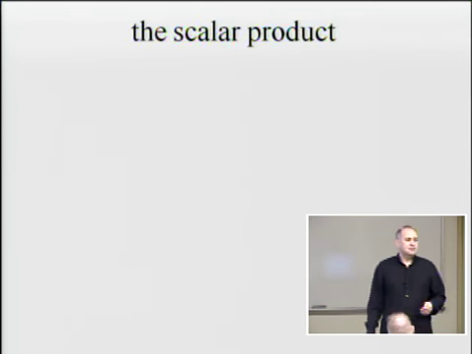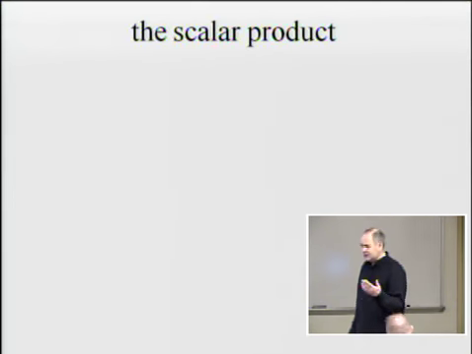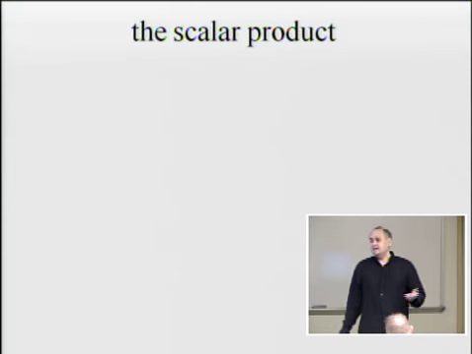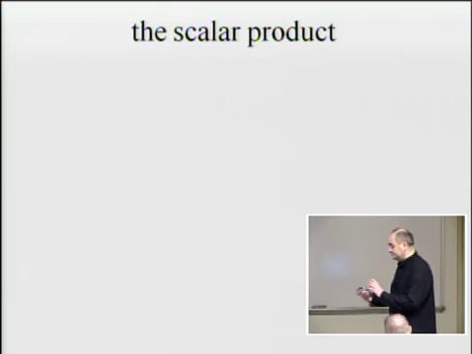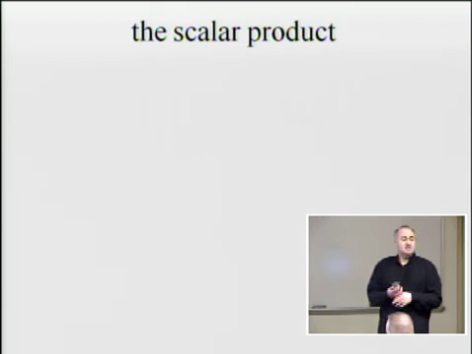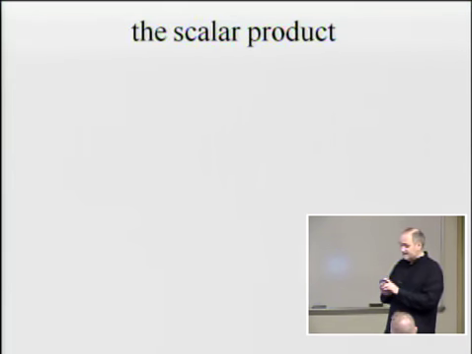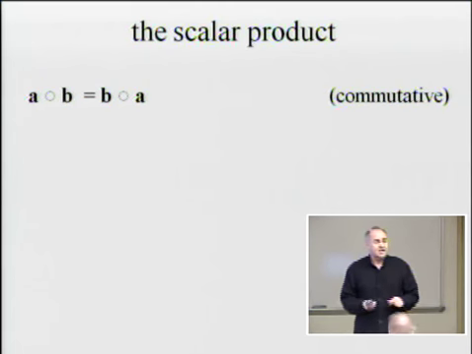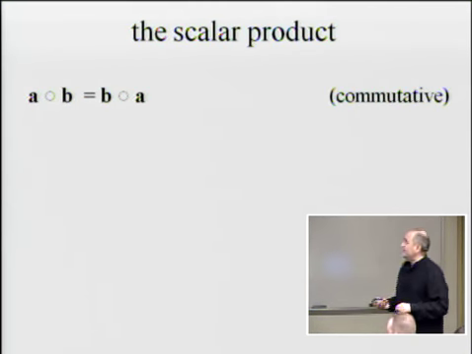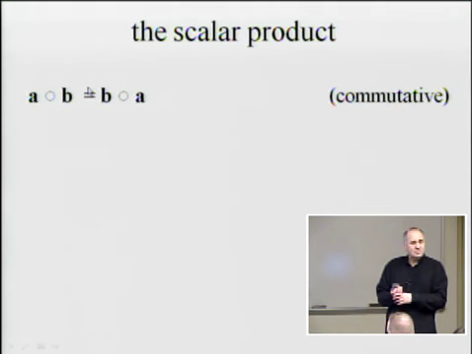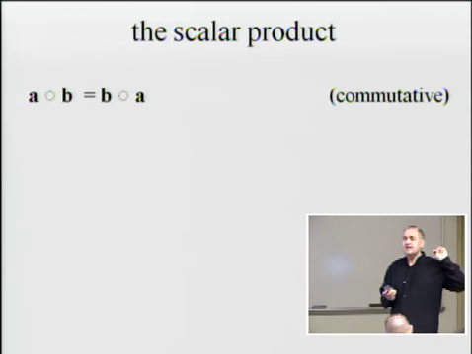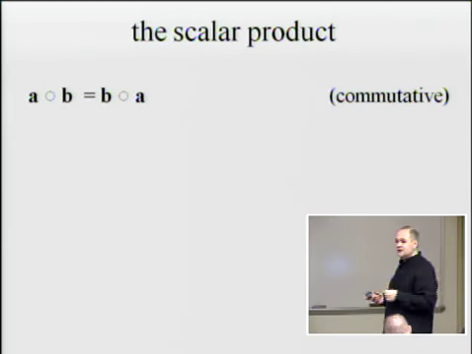Sometimes scalar product is referred to as a dot product, and I will accept that. Vector product is often also referred to as the cross product because of the symbols for multiplication. Scalar product is defined in such a way that it has to satisfy these four conditions. It has to be commutative. I use an open circle now for this multiplication, for scalar product. For the product of numbers we use a dot. For the product of a vector and a number we use a bullet, and a circle for scalar product.